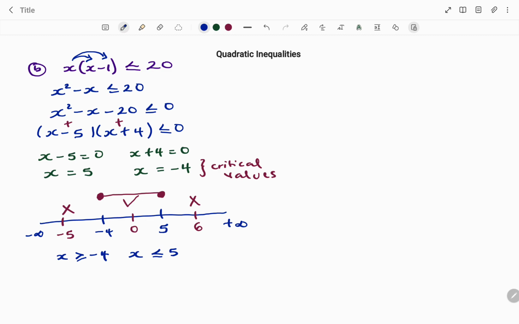So that means x is an element of, starting from negative 4, and because negative 4 is included because of the equality sign under our inequality, we have the square bracket, to positive 5. So I can also have that as minus 4 is less or equal to x, but x is less or equal to positive 5.